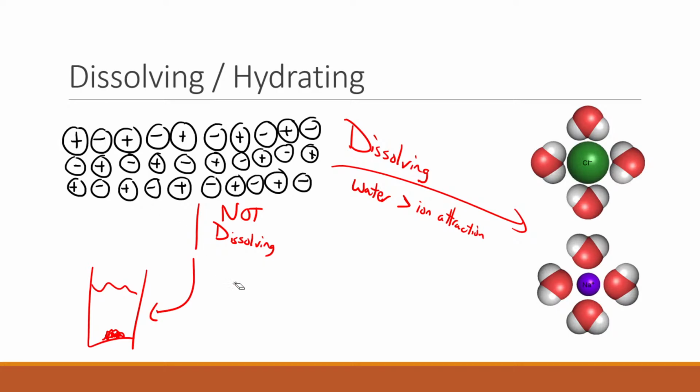This happens when the water is weaker than the ion attraction. If the water isn't strong enough to come in here and pull the ions away, then the ionic substance is not going to break down. It's not going to look like this. It's not going to dissolve.